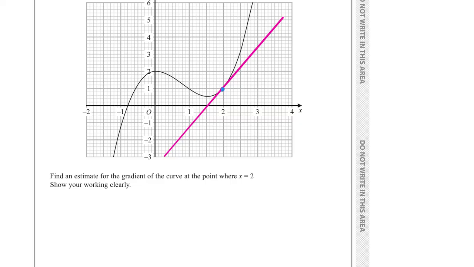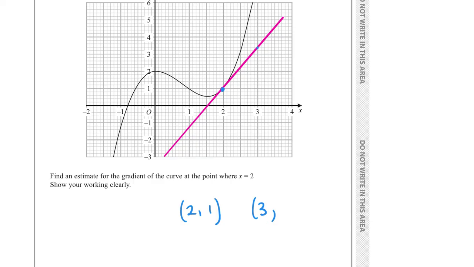So here we know that this point is, I think it was 2, 1, right? And then we can just pick another point to help us find the gradient. Which point do we want to pick? We can't pick 3, 3 because it's not quite, but here. So what is this? This is 3.